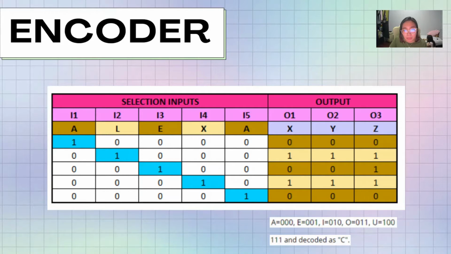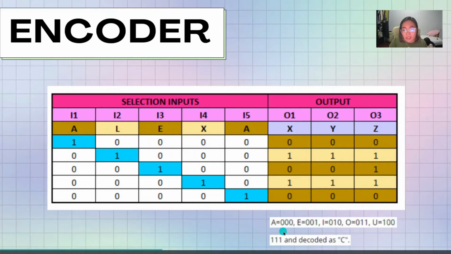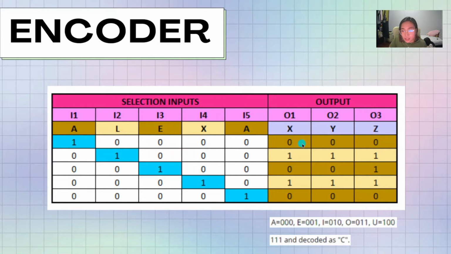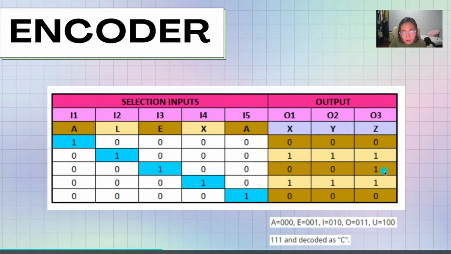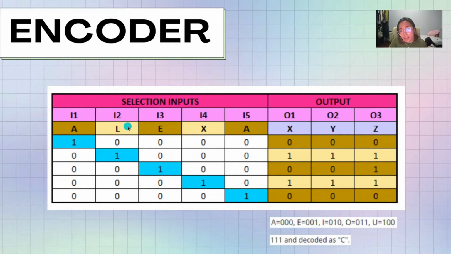The 5 inputs equal my name, Alexa, and since A, like discussed earlier in the problem, is equal to 000, I have 2 A's, so that shows here as 1 and 2. The other one is E, so it must be 001, so I place it here. And the rest of the letters, L and X, are equal to 111. So here, I have both here.